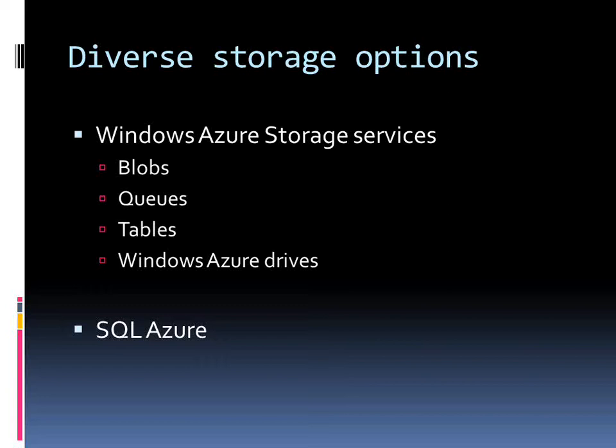All these four options will allow you to store information in a non-relational fashion. So if your application demands huge information in a non-relational format, Windows Azure Storage Services is the best option for you to implement the data storage using the suitable options from these four.